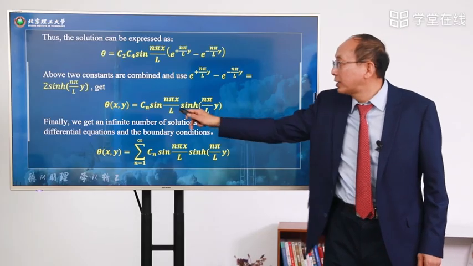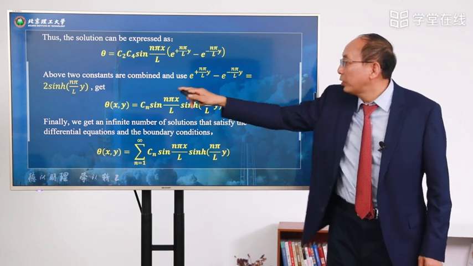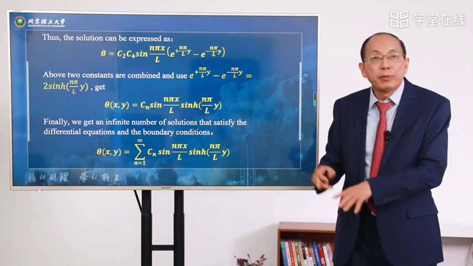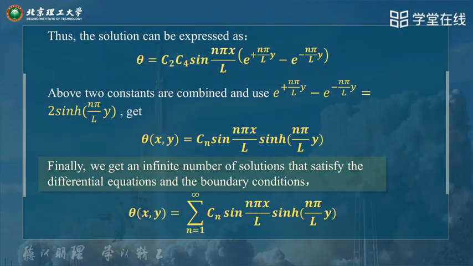We obtain this equation because this term equals 2 sinh(nπy/L), step by step. Finally, we get an infinite number of solutions that satisfy the differential equation and the boundary conditions. So finally, we obtain this equation.